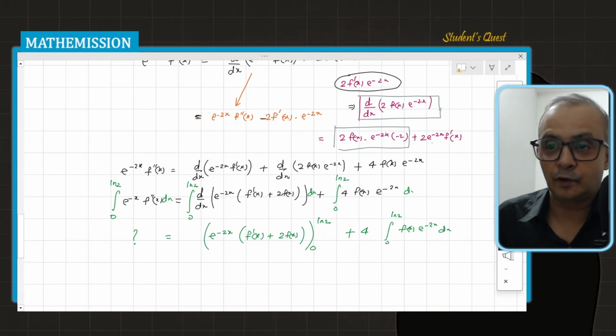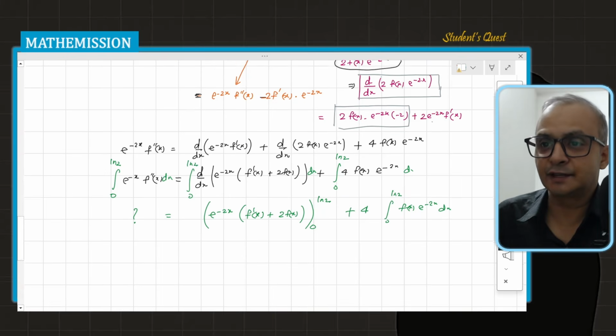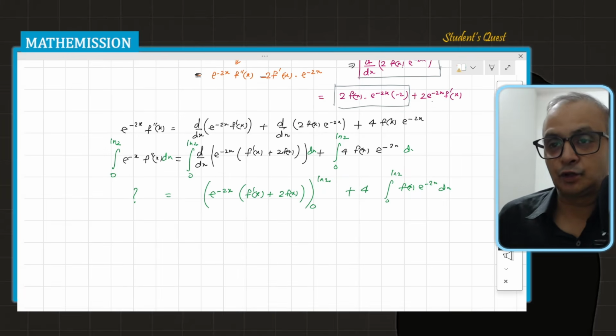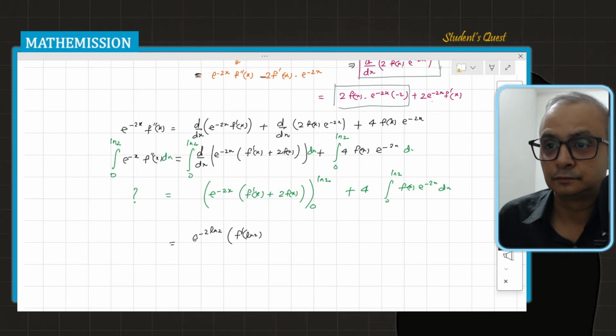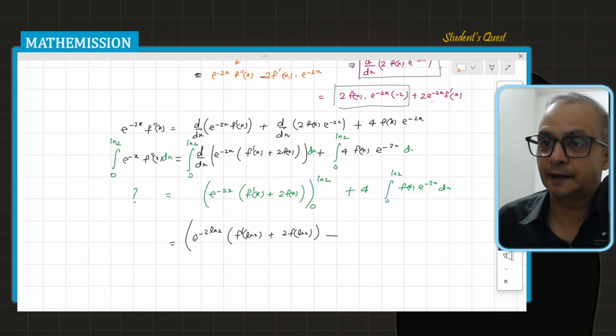So now we have all that we have to evaluate this value. So let's do it, complete it. What we get here at log 2 is e to the power minus 2 log 2, then f dash log 2 plus 2f log 2. This is the upper limit value, minus the lower limit value.